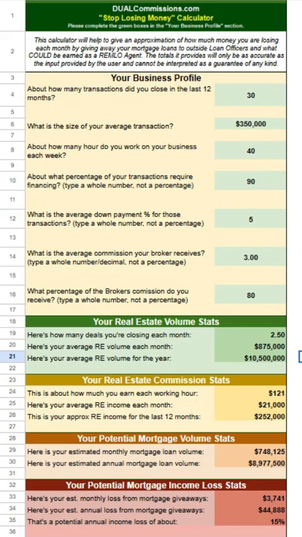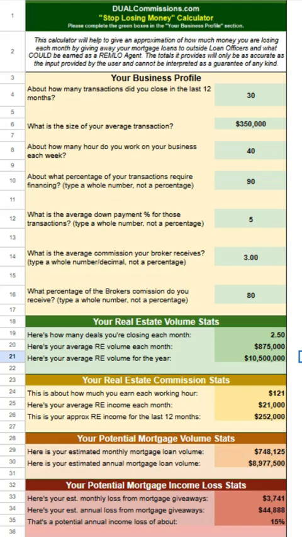This is about how much I work each hour. That's why earlier I asked how many hours you work each week. So I earn about $121 an hour. Here's your average real estate income each month, $21,000. Not bad. Could be worse. And this is your approximate real estate income for the last 12 months, $252,000.